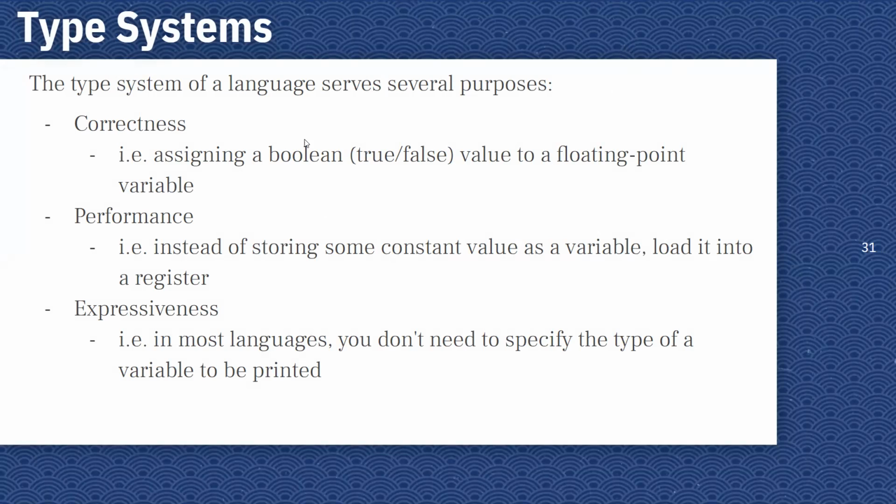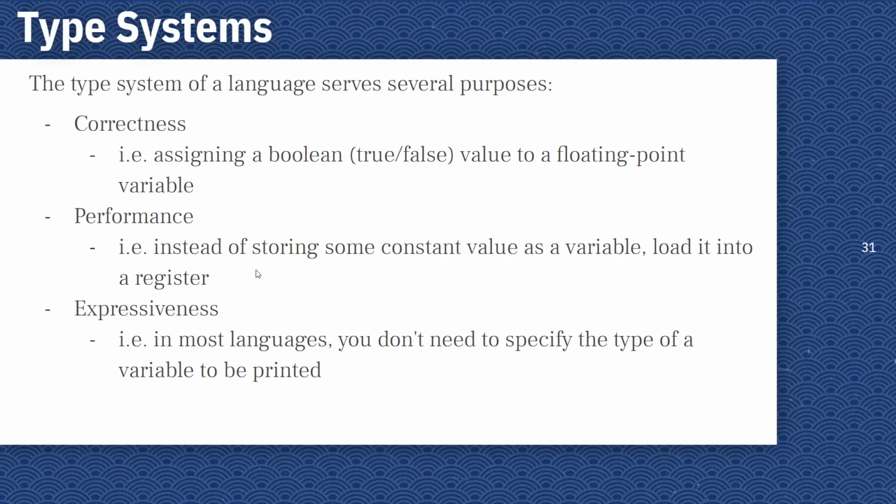And it serves several purposes. It allows for checking for correctness, like you can't assign a Boolean to a floating point variable unless you did some implicit conversion, but that's not present in most languages. And it also helps with performance.